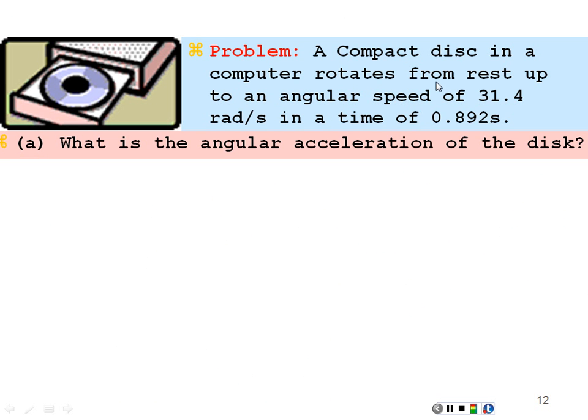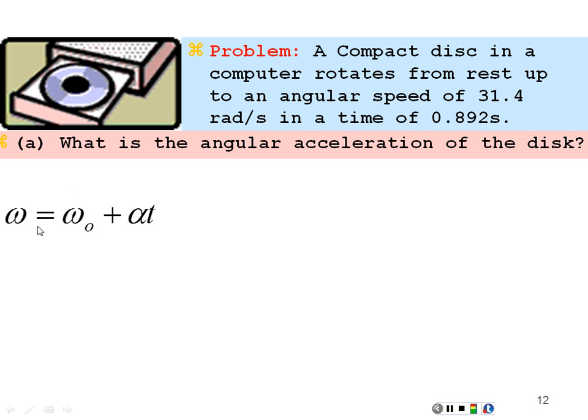So we read the problem, try to identify our variables. We got a time of 0.892 seconds. We're going to have a final angular velocity of 31.4 radians per second, and we start from rest, so our initial angular velocity would be 0. So we have three variables given. Ask for the fourth one, angular acceleration. We're going to choose rotational kinematic equation number 1.